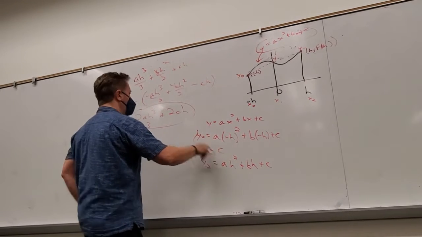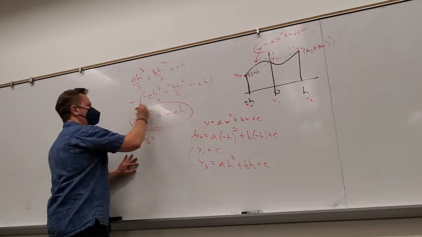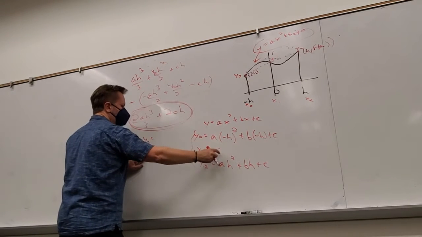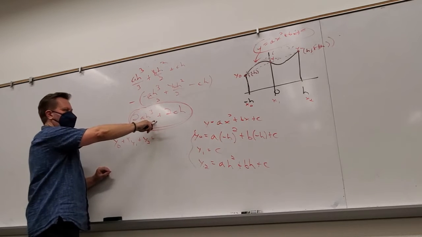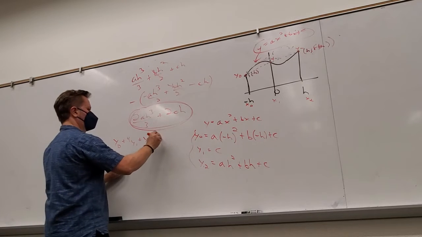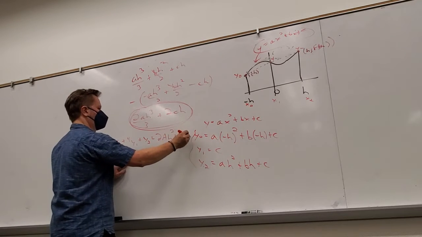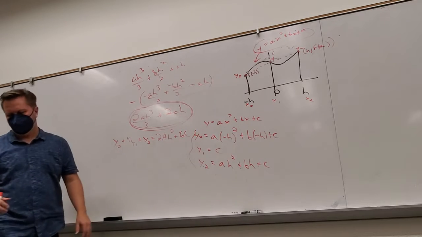So if I combine these in a certain way, I'm going to get this guy. If you do it this way, you get this is 6.